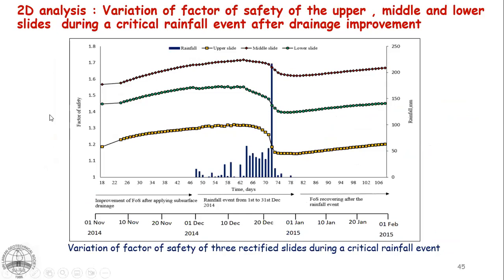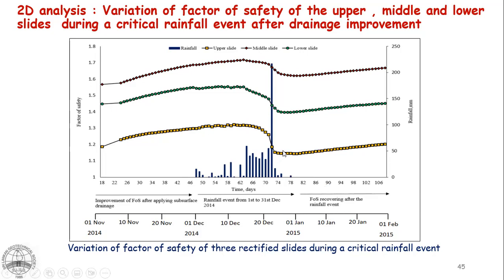Now, we did a study to see how the rectified slope would respond to a critical rainfall. From the past rainfall records, we generated this critical rainfall for the site, right? And now we modeled the presence of this system of drains. If these drains are there during this rainfall event, with this very heavy rainfall, there will be a reduction in factor of safety, but it will be greater than 1, right?